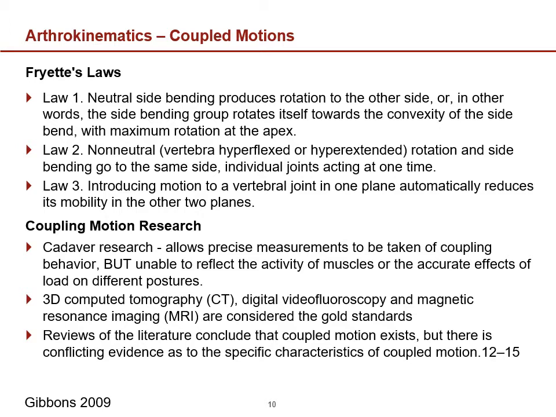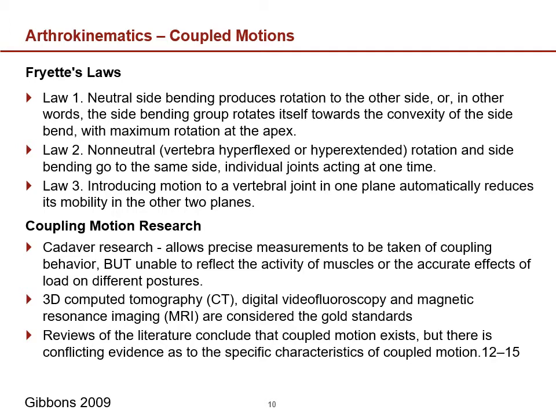So, coupling motion research in general, some conclusions that can be made. The majority of it is cadaver research. It allows for precise measurements to be taken of coupling behaviors, but is unable to reflect the activity of muscles or the accurate effects of loading in different postures.